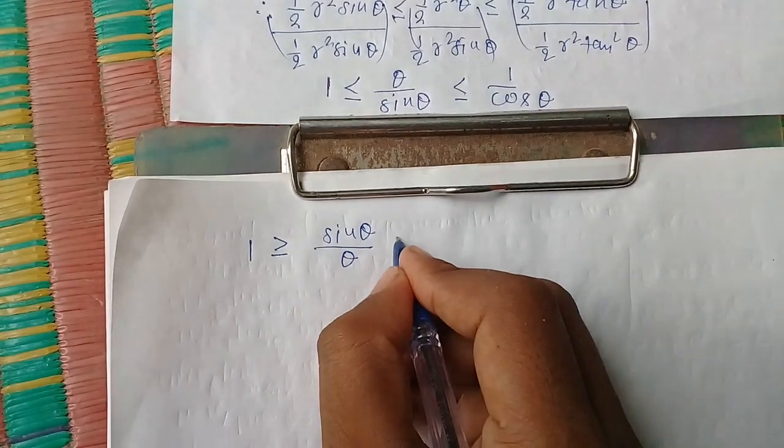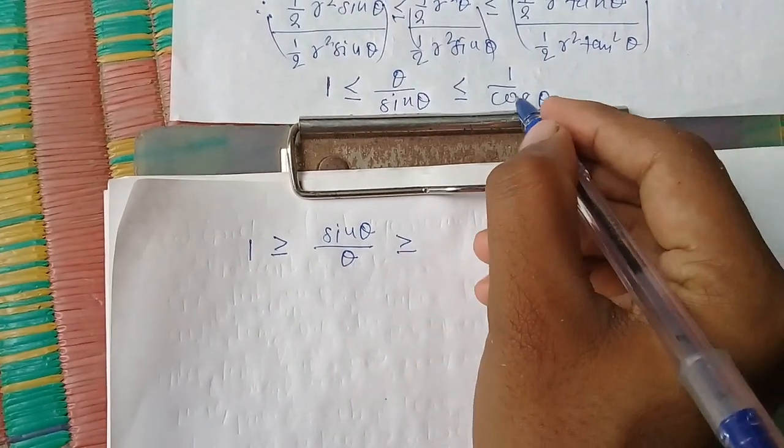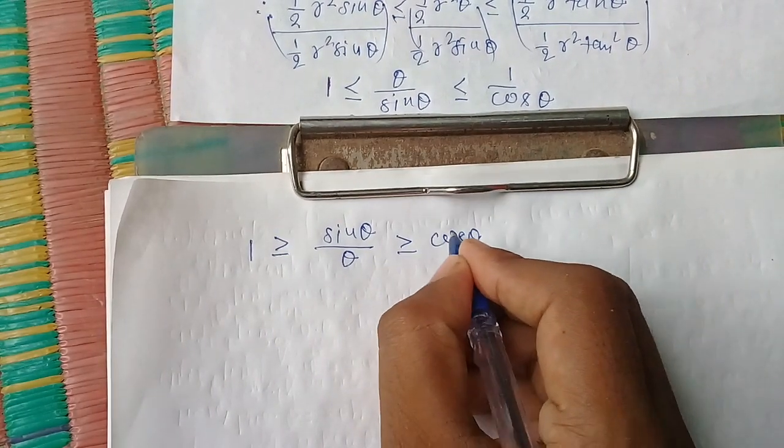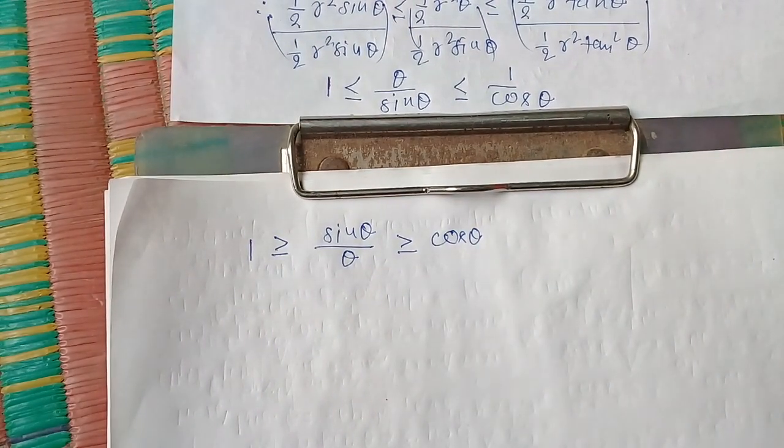Sin theta by theta should be greater than or equal to cos theta.